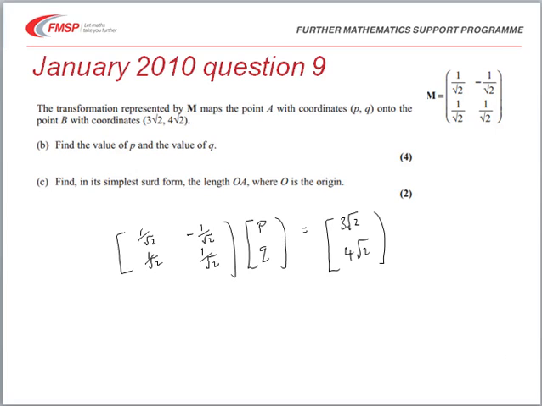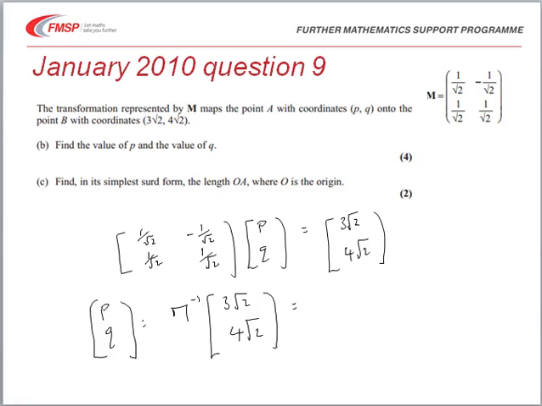As an alternative method, we could use an inverse matrix approach and say that PQ must be equal to M inverse multiplied by 3 root 2, 4 root 2.